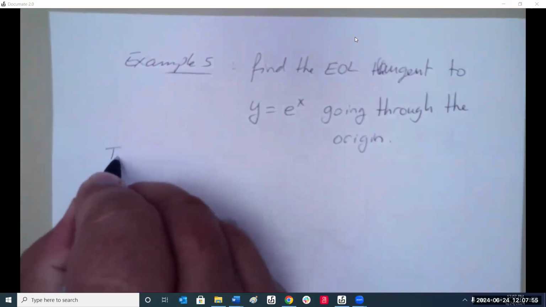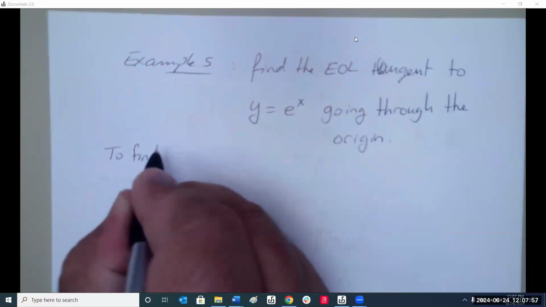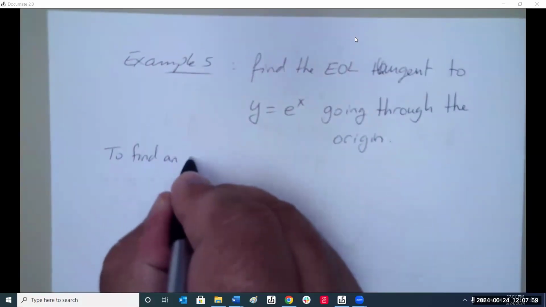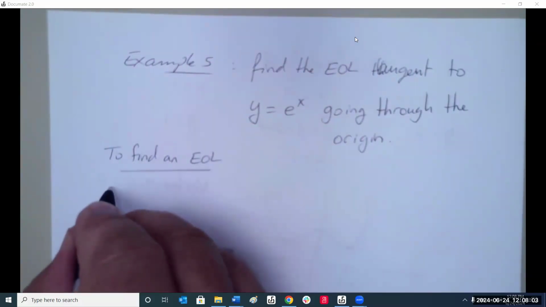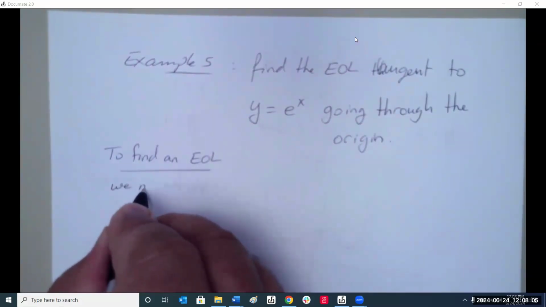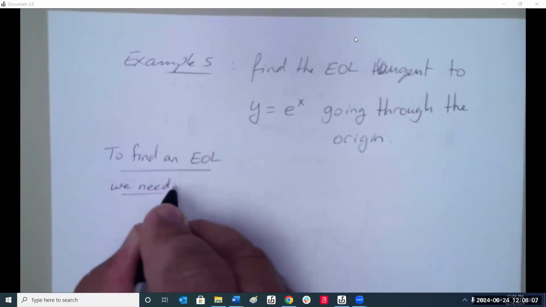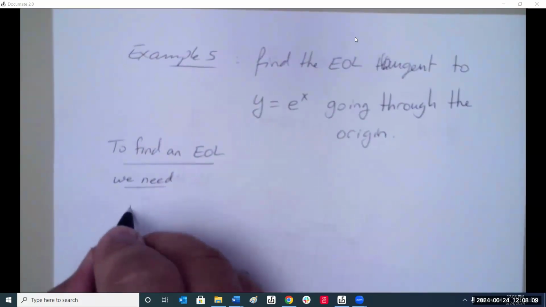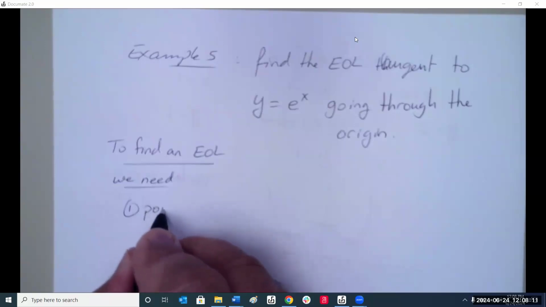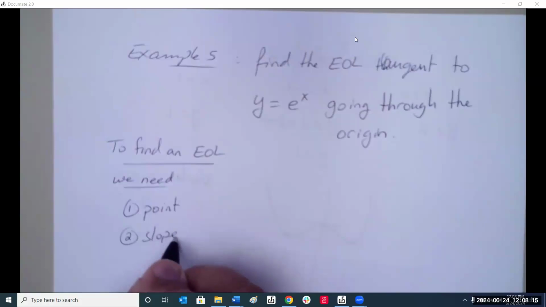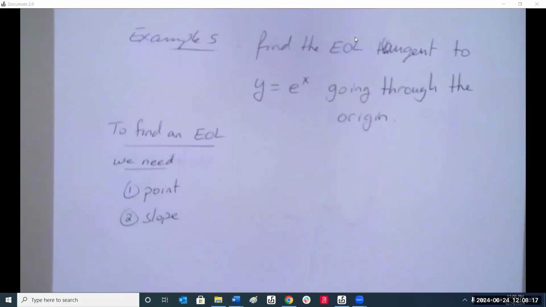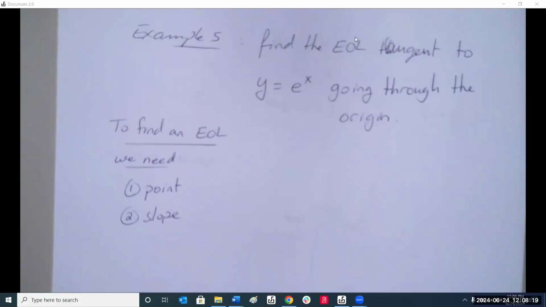So to find an equation of a line, we need two things. We need a point and we need a slope. Do we have either of those?